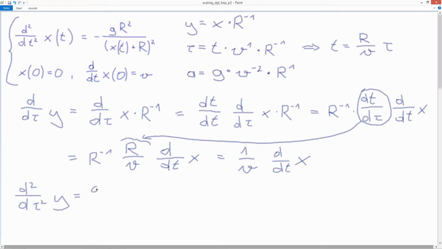So we can write this like that. And we already know what this here is, because we have calculated it here.